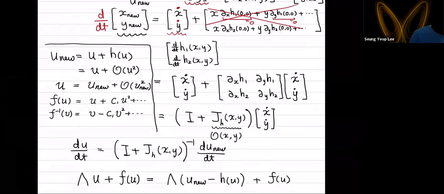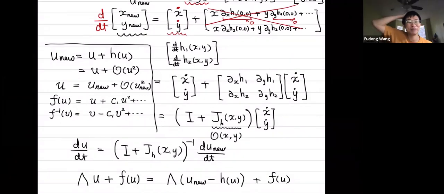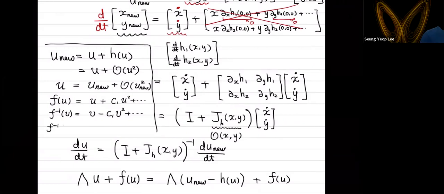Let's check. Let's say this is tilde and find the tilde. So this means f of u minus c1 tilde f of u squared.